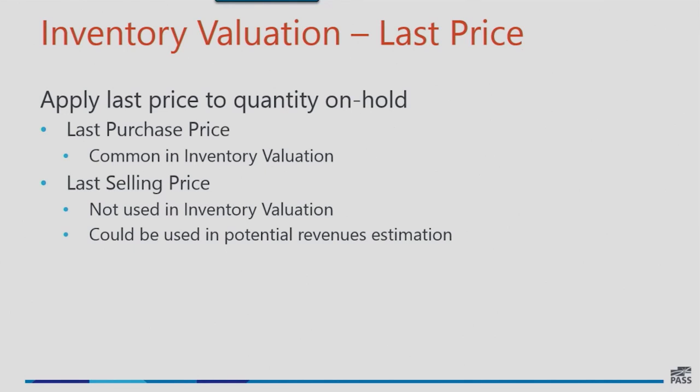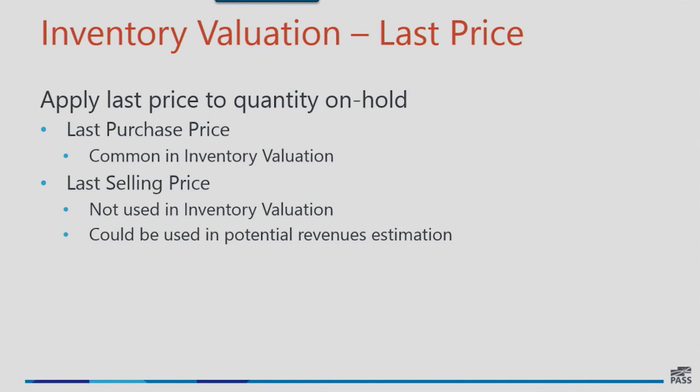Or what is the potential revenue of my warehouse if I was able to sell everything today at the last price, at the last selling price? So usually it is something that can estimate the potential revenues instead of getting a value of the cost.